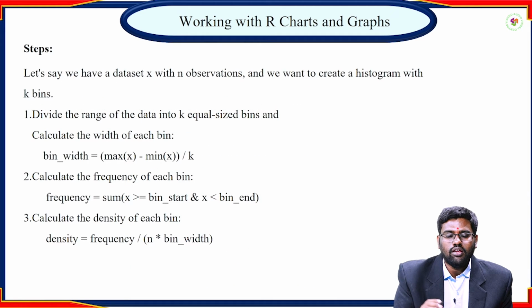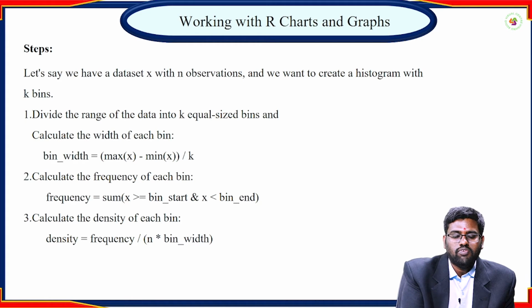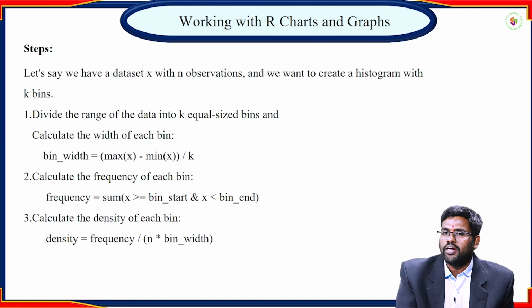For this we have different steps to implement a histogram. Mainly there are three steps. First step, we need to take some range of data and split that range into equal bins, and we calculate the bin width as maximum minus minimum value divided by k. Maximum value means the highest value in your data set, minimum value means the lowest value in your data set, and k means the number of rows in your data set.